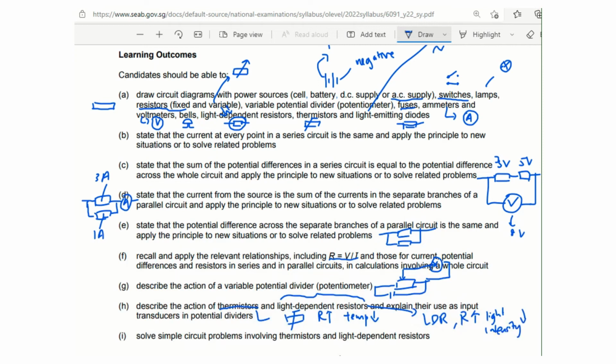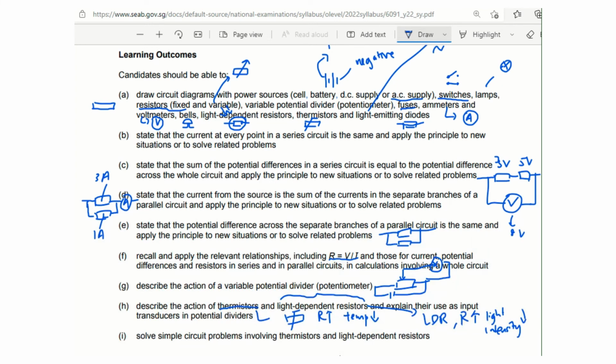So when it is dark, the resistance across the LDR is higher, and vice versa. Now that you know what happens to the resistance at different temperatures or different light intensity, you'll be given a circuit problem and asked what happens at high light intensity or at high temperature, and so on.